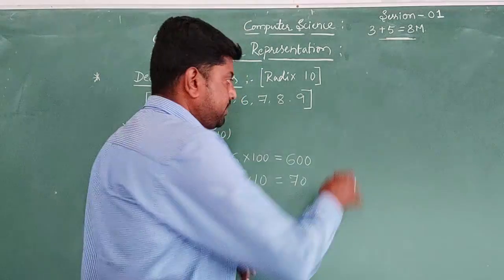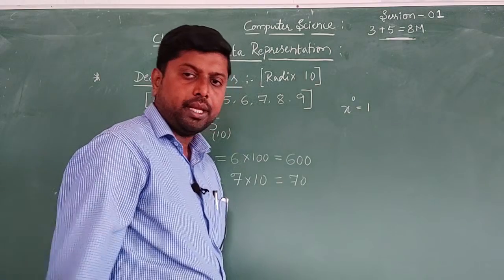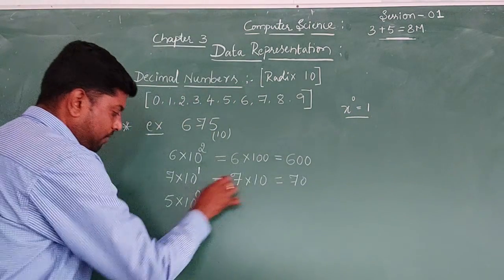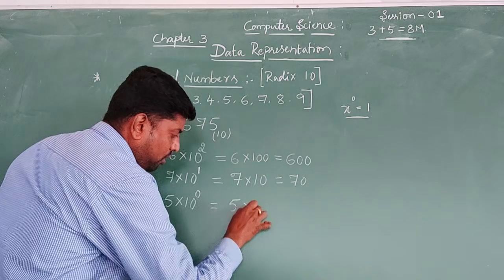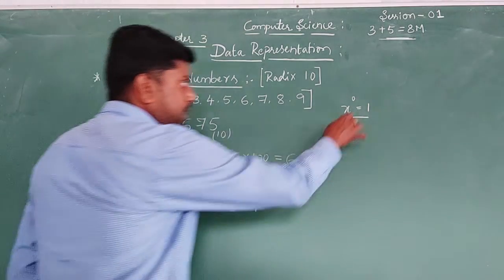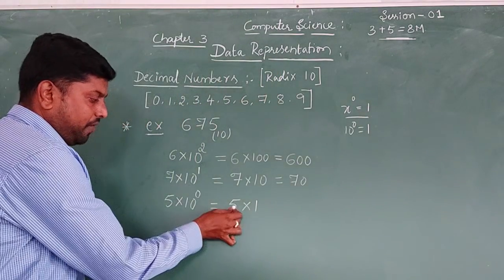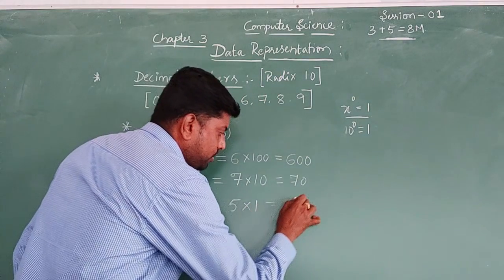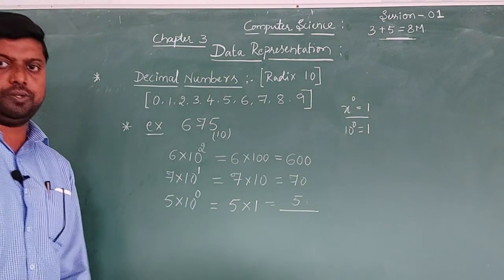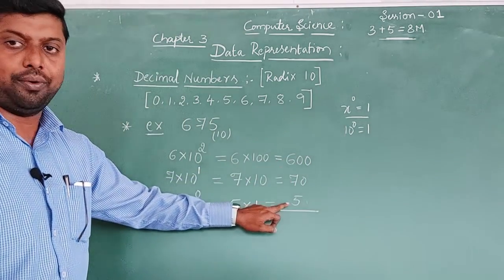If I want to calculate, you know in mathematics, anything to the power of 0 equals 1. So 10 to the power of 0 equals 1, and 5 into 1 equals 5. Now, you add all these values: 600 plus 70 plus 5.